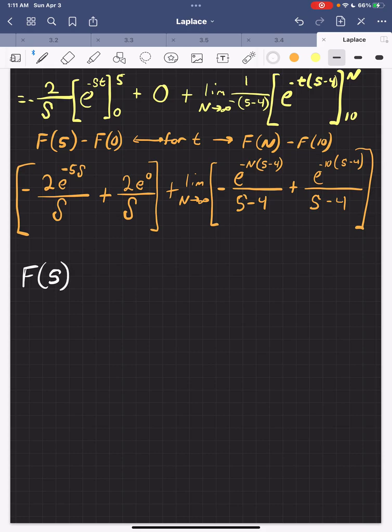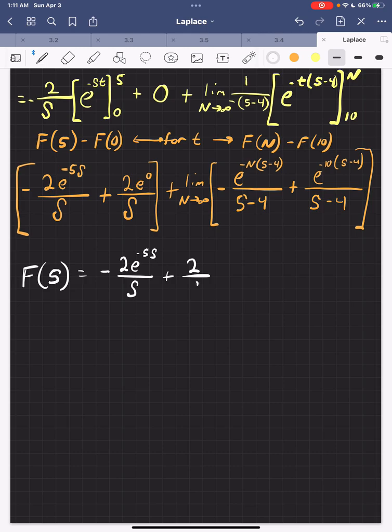So your Laplace transform is simply equal to negative 2e to the negative 5s over s. And that's going to be plus, well, 2 times e to the 0 is just 2 times 1.